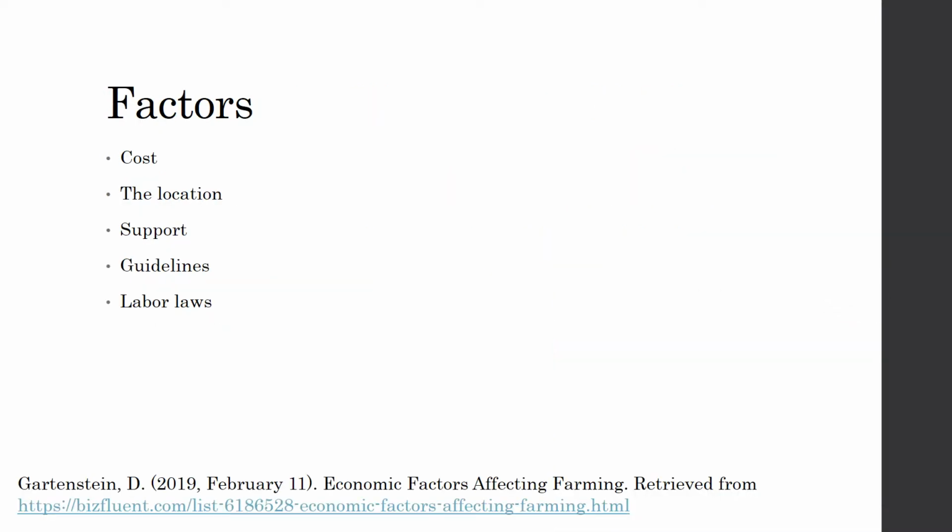So some of the factors. One is cost. Of course, support can cost money, getting farmers to do this type of agriculture. Another is location. A lot of it depends, with any type of agriculture, on where it is and what type of soil is there and what you have as far as resources in order to complete this system and really make it effective.